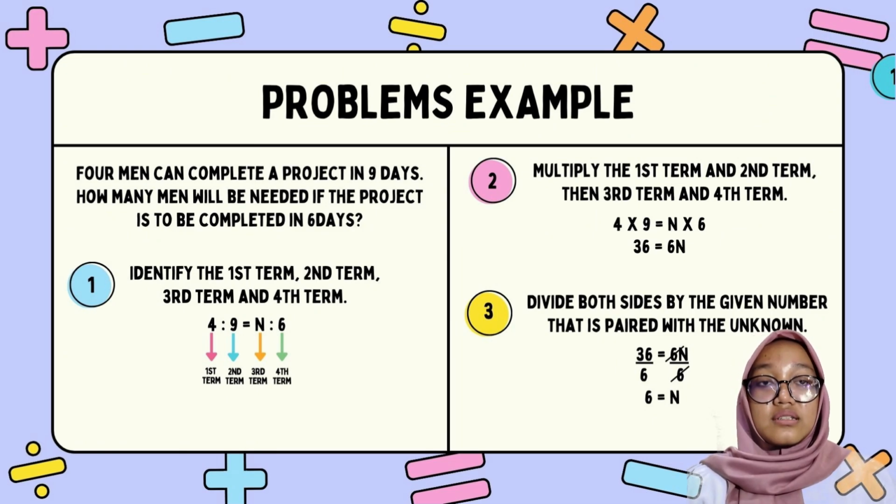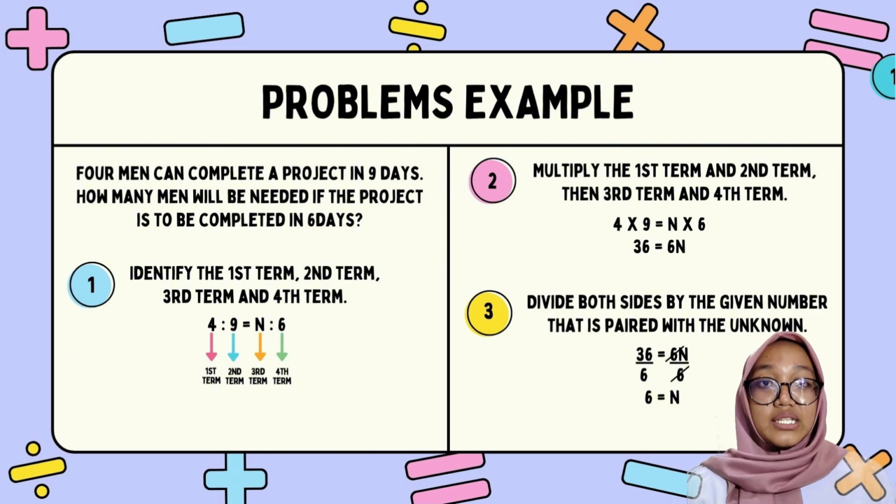The second step is multiply the first term with the second term, and then the third term with the fourth term. We have the first term is 4 and the second term is 9, so we have 4 times 9 equals, the third term is n and the fourth term is 6, so we have n times 6.